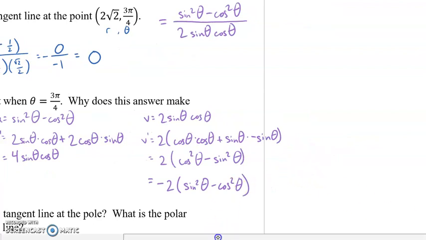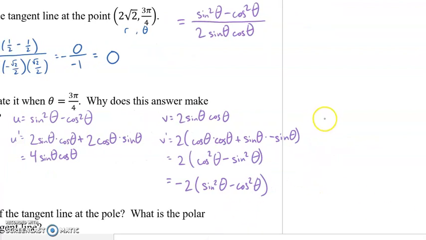So the d squared y dx squared is equal to the derivative with respect to x of dy dx. So if we're taking the derivative of these with respect to theta, we're done. But if we're taking these derivatives with respect to x, then we have to remember to multiply by d theta dx. In other words, divide by dx d theta. That's, again, that same piece that we talked about back with the parametrics.